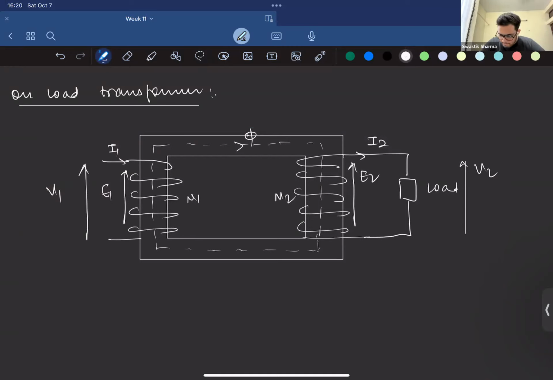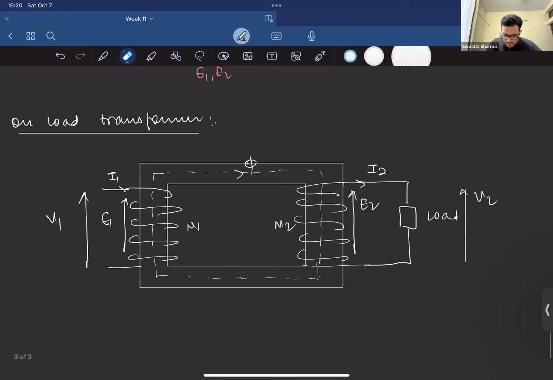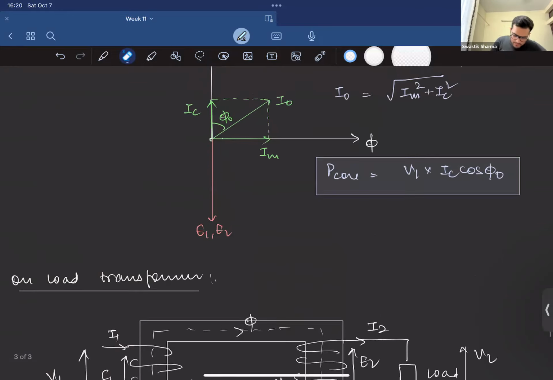So yeah, this is how a transformer on load will look like, right? But yeah, before that, let me discuss some.